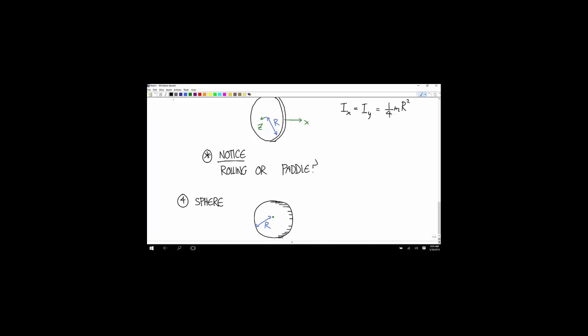And because every axis is the same for a sphere, all 3 of these, no matter how you orient the axes, are the same. And it's 2/5 m r squared. So with the sphere, it's easy. It doesn't matter what the coordinate system is, or which axis you're rotating around. It's always the same.